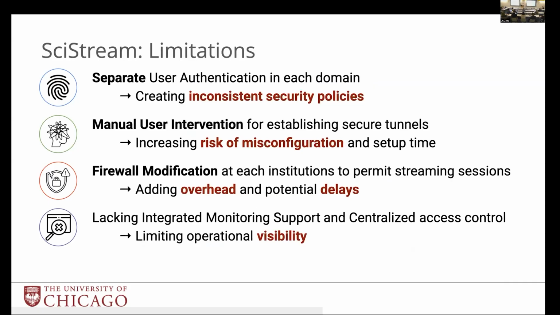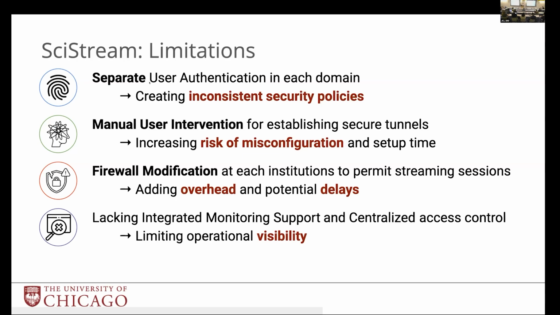Most importantly, it requires users' intervention and system modification. The user needs to be authenticated at each of the different facilities to set up the gateway nodes. Also, for establishing the secure tunnels or channels, the user needs to modify the parameters.